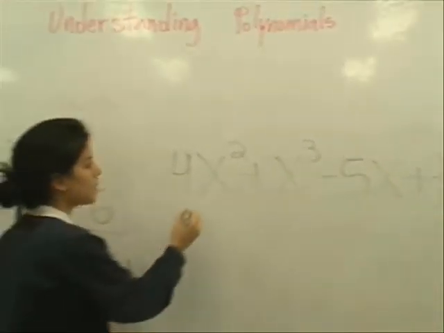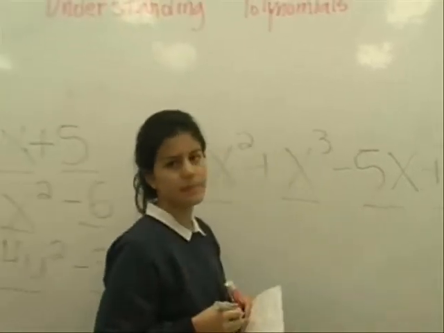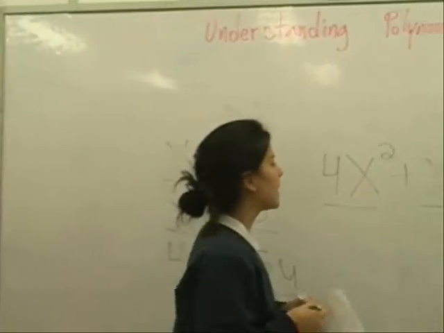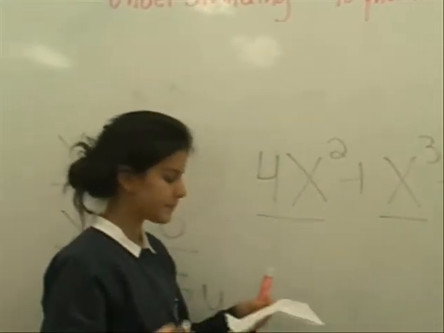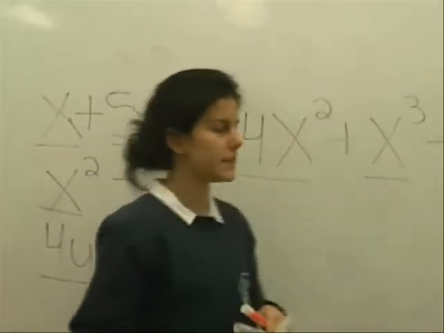This is a polynomial because it has 1, 2, 3, and 4 terms. The terms are separated by adding and subtracting signs. Okay, now we are going to talk about degrees.